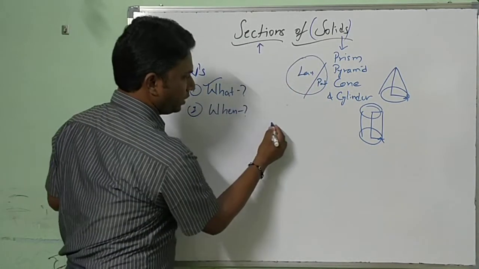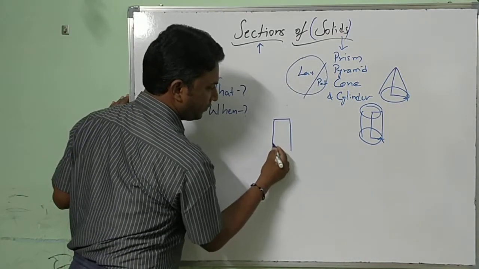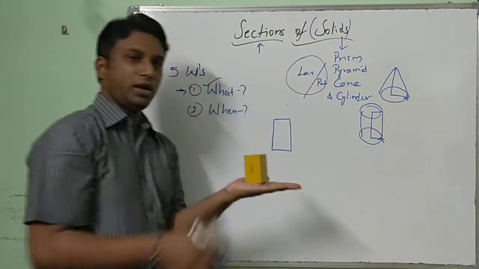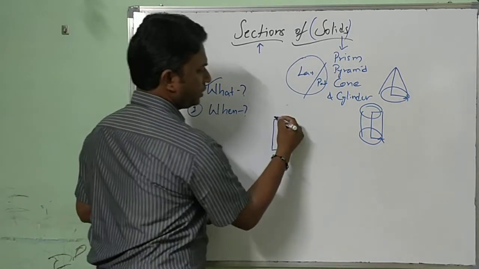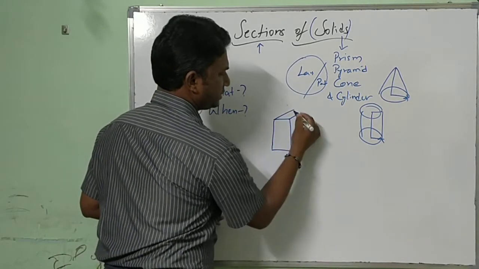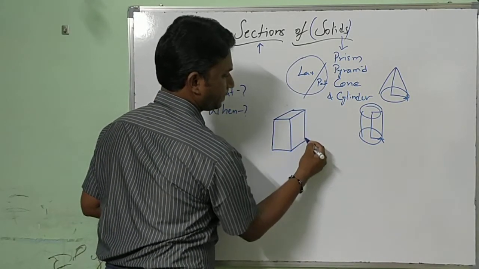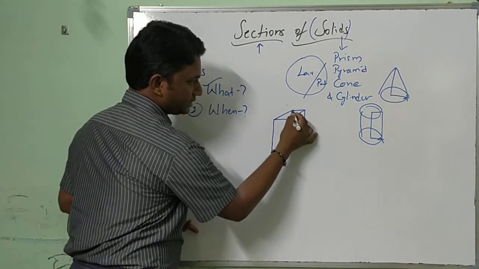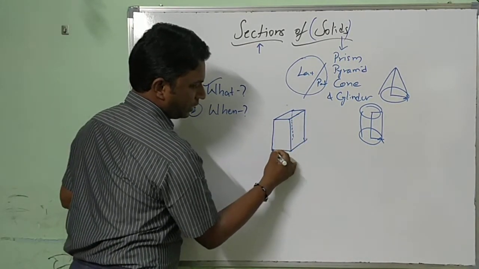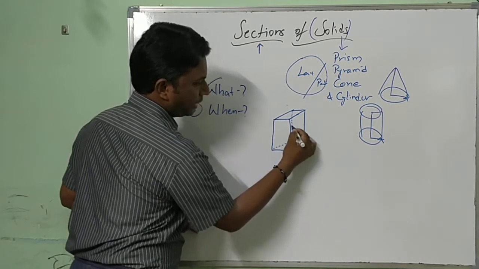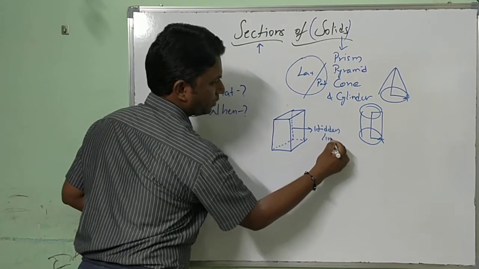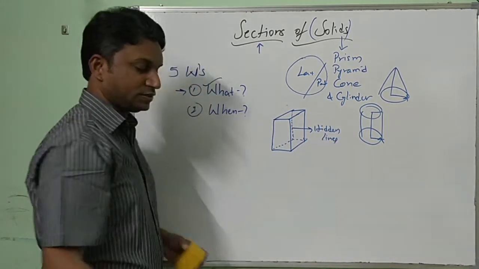See, first of all, let me show. This is the front face of a square prism. When it goes three-dimensional, I can just draw it like this, and edges at the back side I am supposed to show with the help of lines which are called hidden lines.